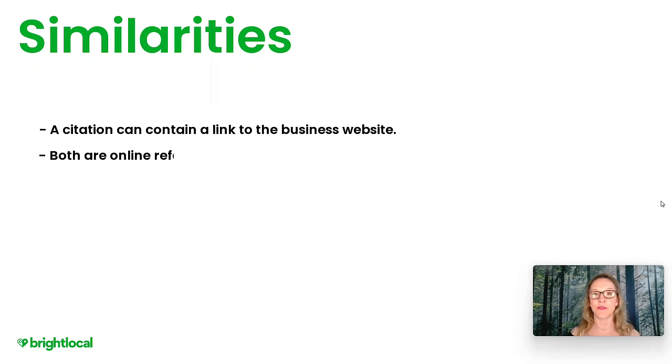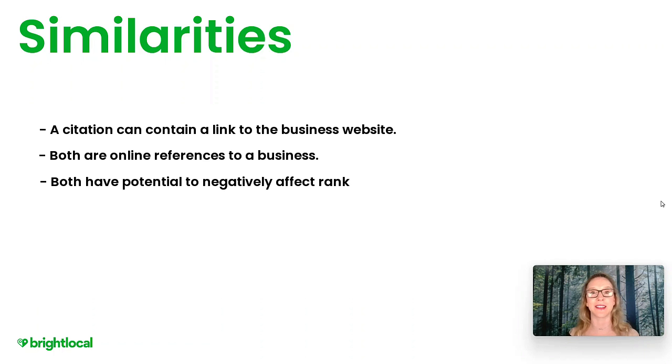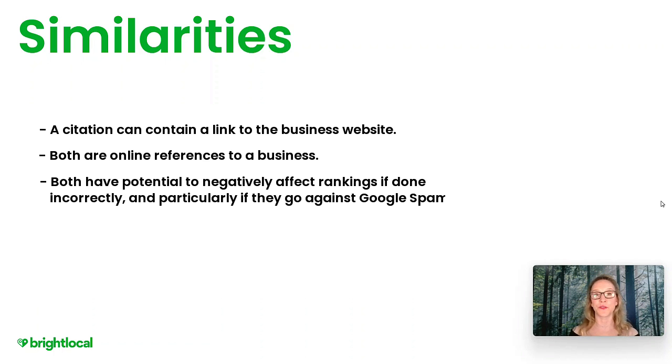They're both online references to a business, and they both absolutely have the potential to affect your rankings negatively if you are not using them correctly, if you're not following Google's spam policies, if you're going against their guidelines, or you're not using best practice in general for links and/or citations.